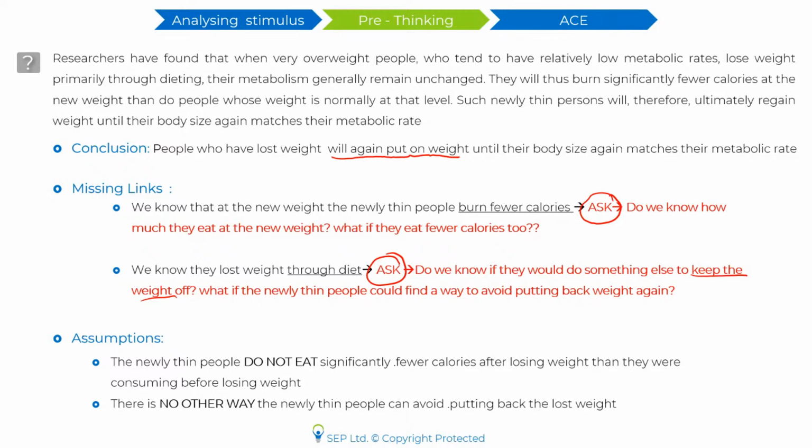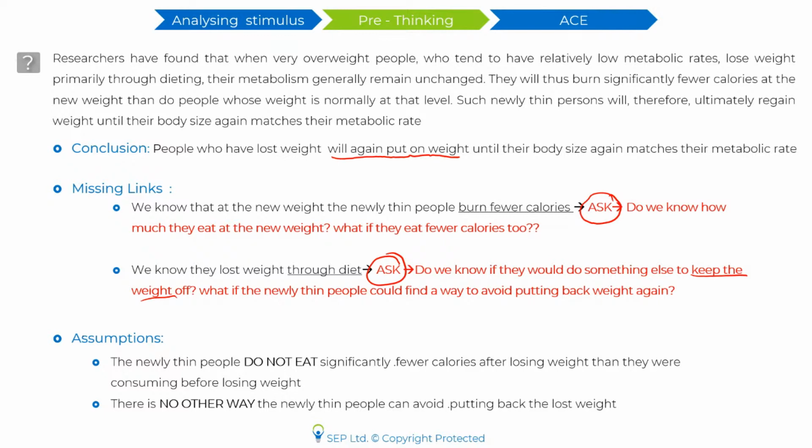All right, guys. I don't have any questions so far. So I'm kind of assuming that most of you have understood. But just to clear things up, the passage says that very overweight people will put back weight again. Yes, Vamsi, because there is no further evidence, we can't proceed further with that thought process, whether they lose weight easily or not.